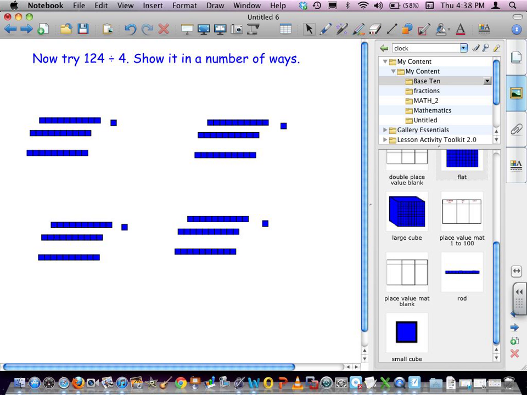What were we doing before? We were breaking it in parts, right? So this is like using the distributive property. It's not really, but it's like using the distributive property. You can break it into parts. So I can always take each part and break it up, right? And fair share it.